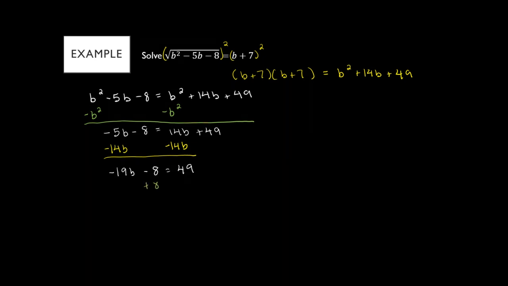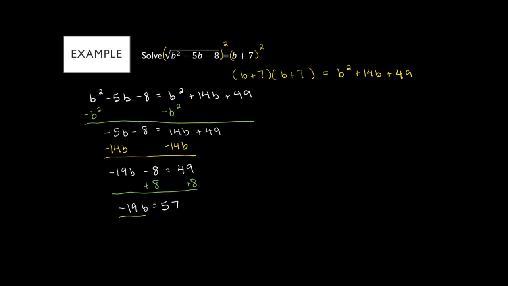And we're going to add 8 to both sides. And this will give us negative 19b equals 56. Nope, 57. Let me just double check that on a calculator so that my mental math is not wrong. Yeah, 57.